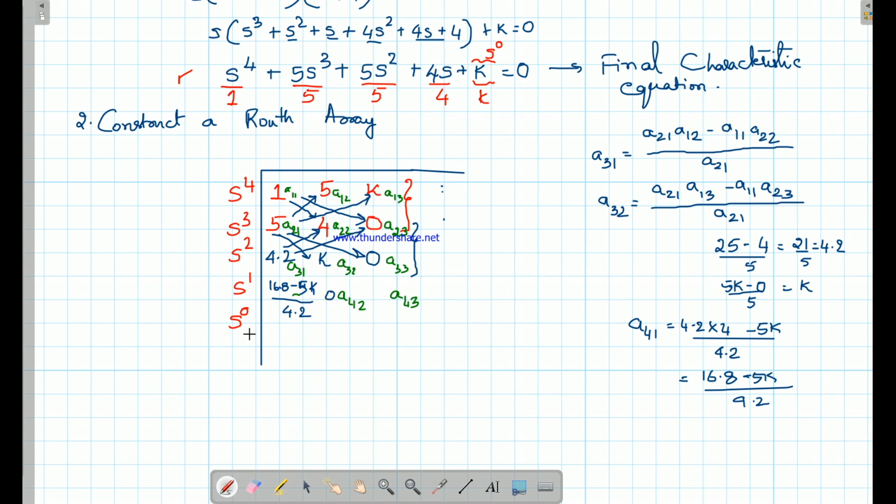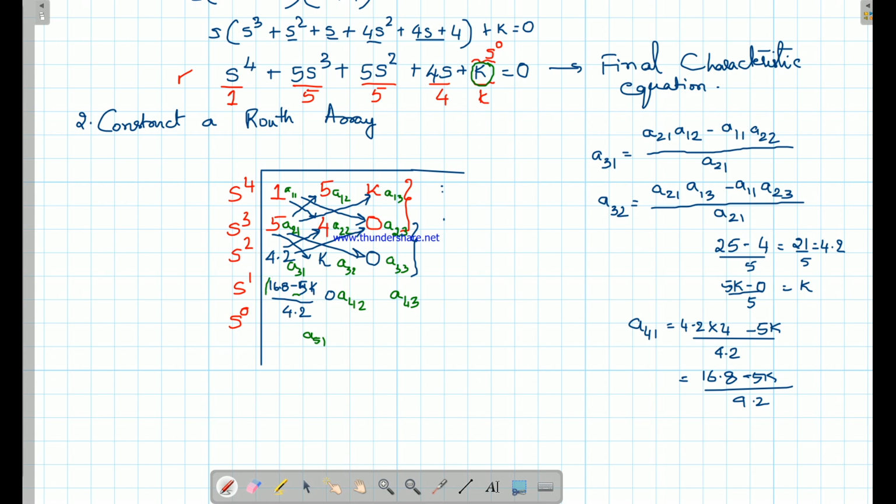Now coming to the last row, which is A51. The last row element should be equal to the coefficient at the end of your characteristic equation, and you will get that too.